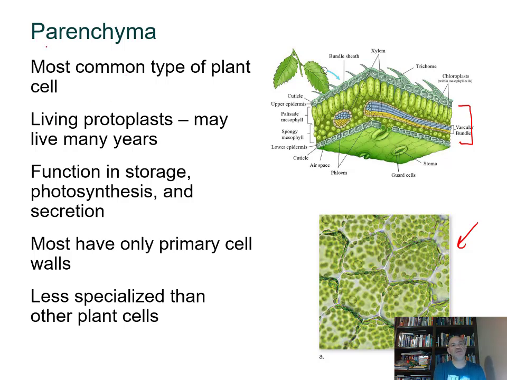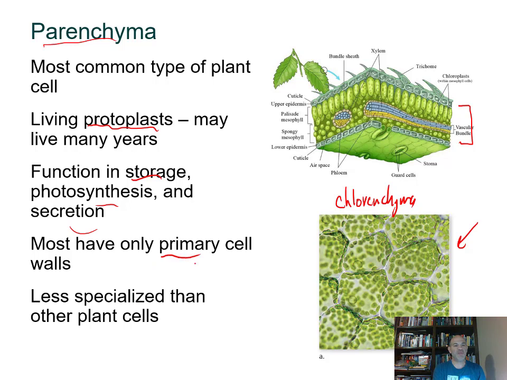Here, the key thing to all parenchyma, including something like this, which would be chlorenchyma, a specific kind of parenchyma, is that the cell is living. When we say living protoplasm, we're talking about the plasma membrane and everything inside of it is living. And they do provide important functions for the plant, like storage, photosynthesis, and again, secretion.